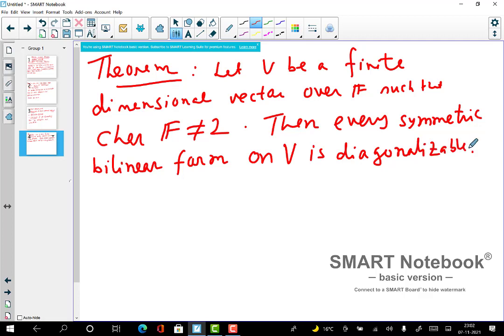Okay, so what does that mean? That means you can find a basis with respect to which the matrix representation of that symmetric bilinear form H is actually a diagonal matrix. Like that, psi of H with respect to beta is a diagonal matrix, right? That we need to prove.